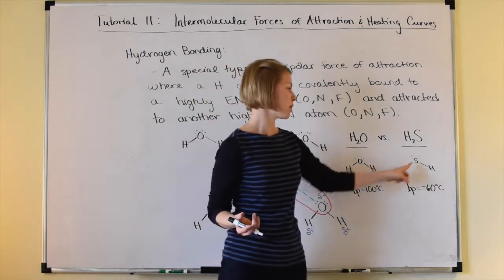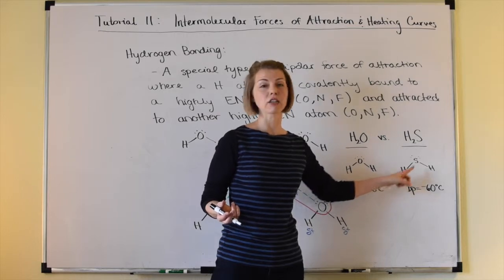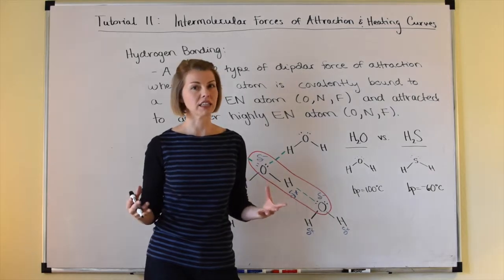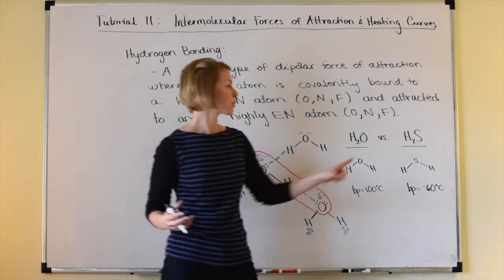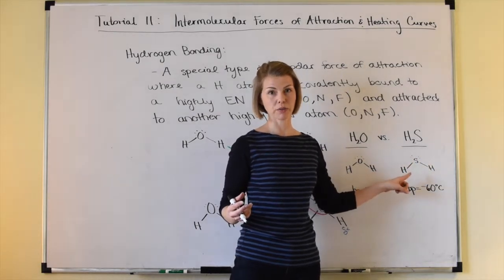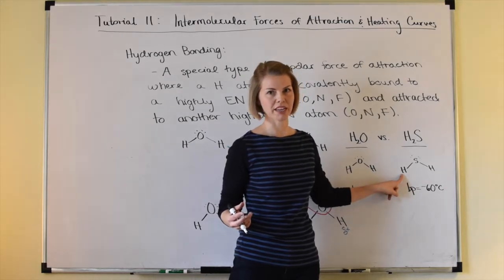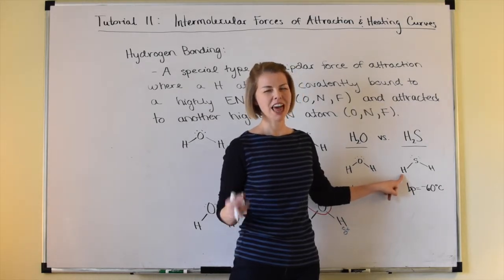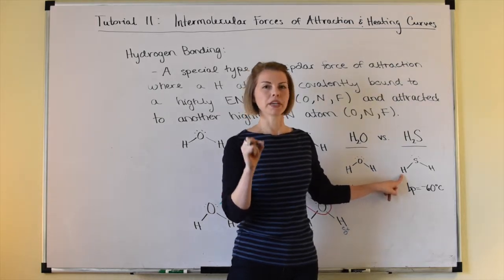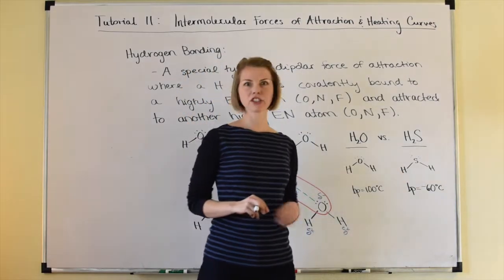If you look at these bonds and you calculate the change in electronegativity, you'll find that a sulfur-hydrogen bond is only a delta EN of 0.4. That's not even polar covalent. So there's no partial positive and partial negative charge buildup at all within this molecule. And so these hydrogens cannot participate in hydrogen bonding. Think about that and make sure that it makes sense to you, because a lot of introductory chemistry students will say, well, it's got hydrogen.